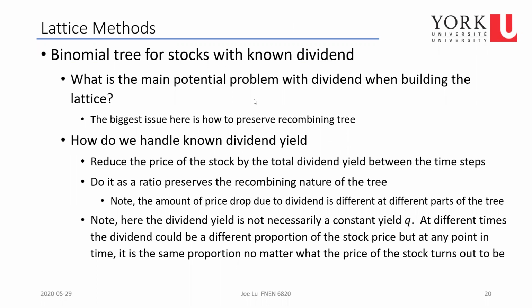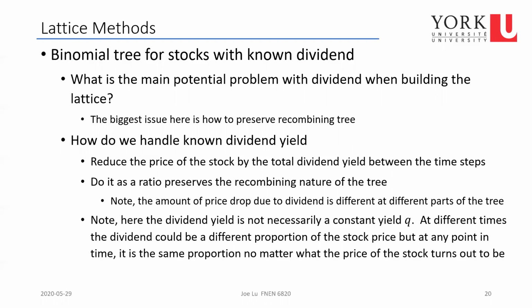Now we have talked about binomial trees for non-dividend paying stocks, and through building that, we can price options where the underlying stock is not dividend paying. But how do we handle the underlying stock where the stock pays dividends?